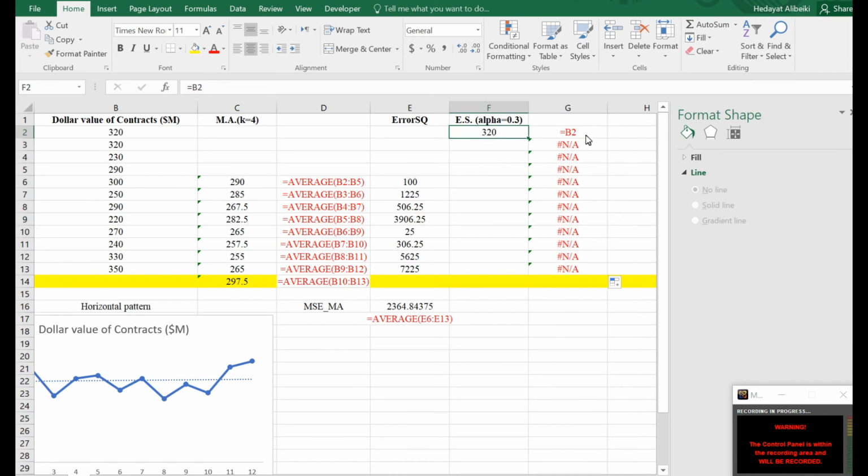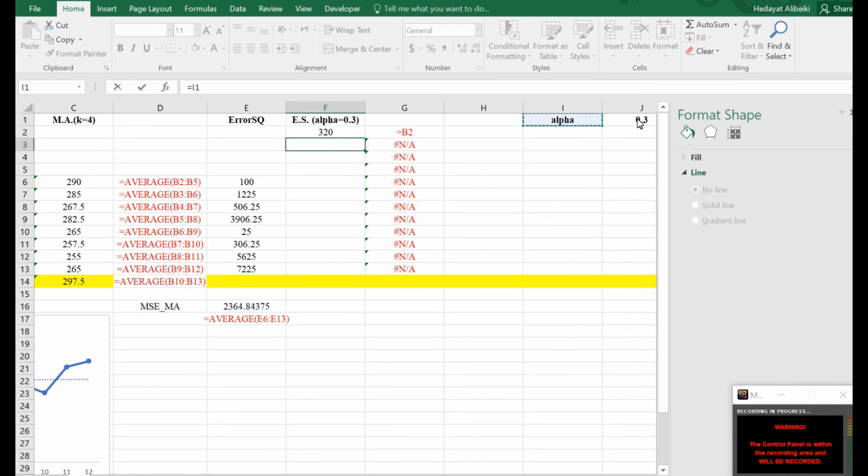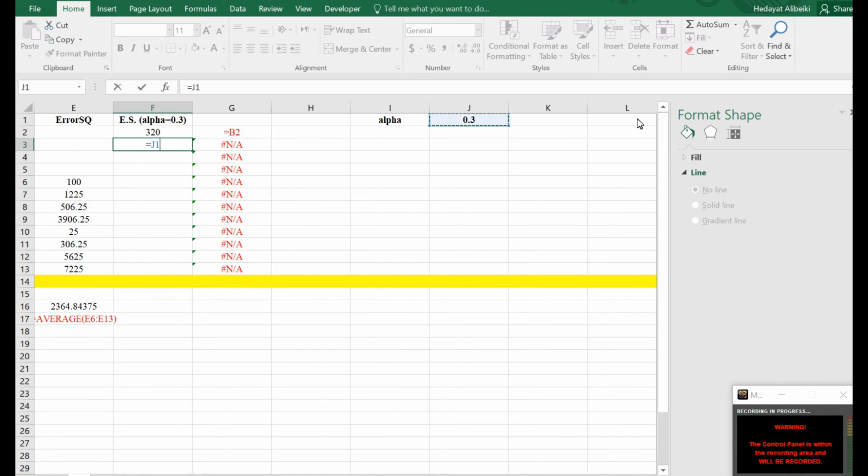The first period is equal to the actual number in period 1, and then the second one would be alpha, fixed.